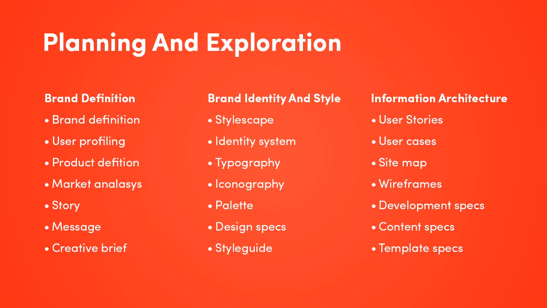Where's the logo going to be, where's the navigation going to be, and so on. And from that you can begin to create development specs, content specs, and template specs, so you will know what you're going to need to build this website. And this is all about how are we going to do this and why are we going to do this.